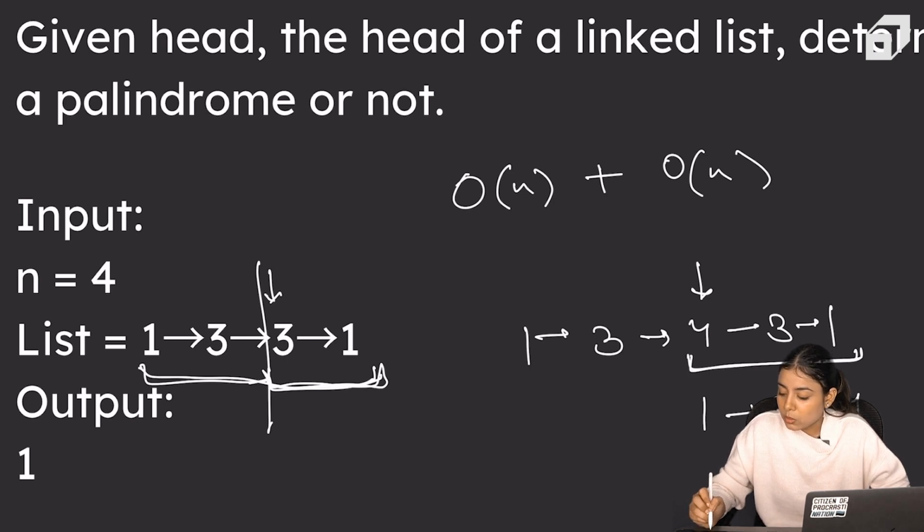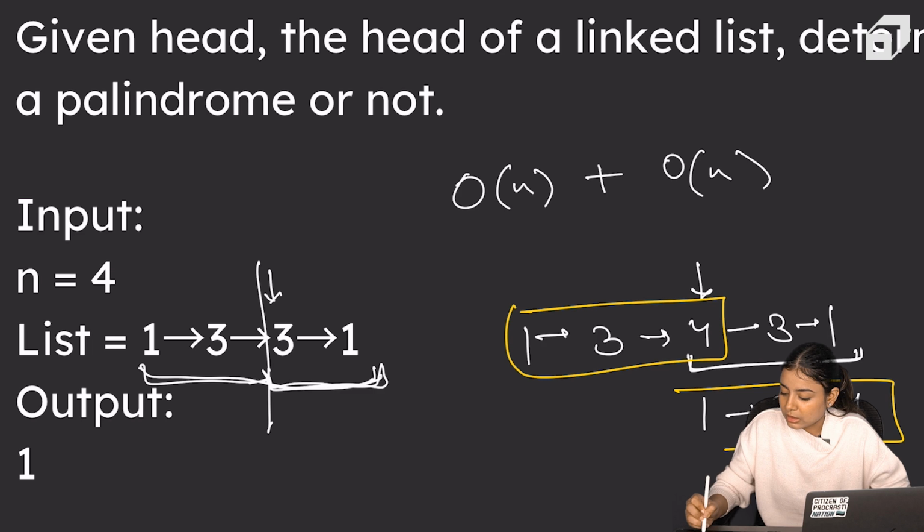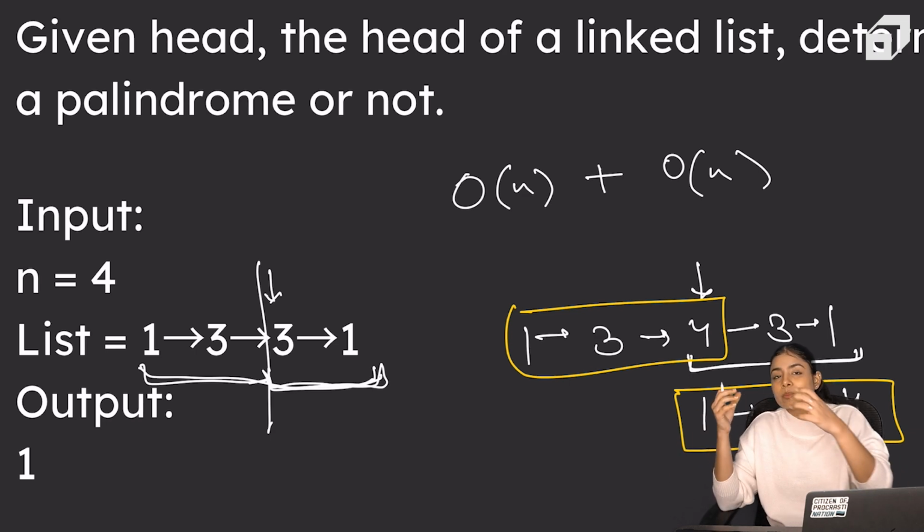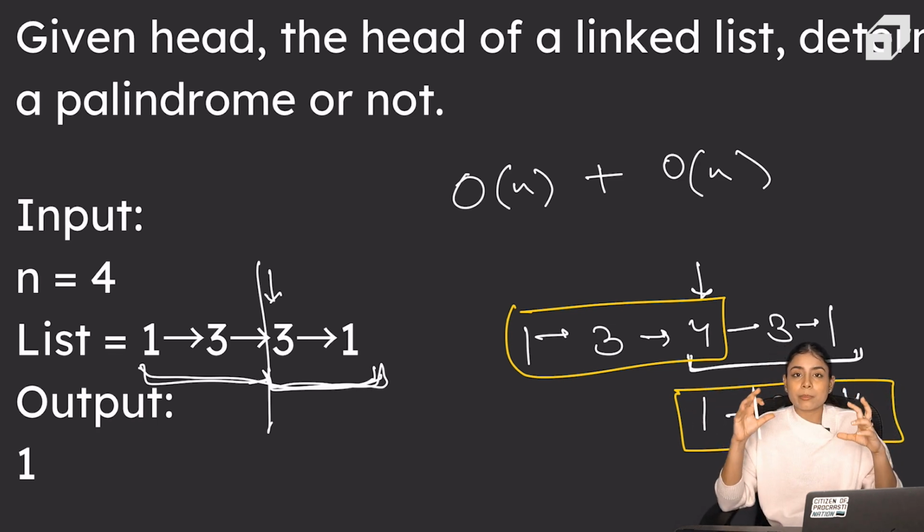So my first half is this and my second half is this. Okay, and are they equal? They are equal. Then that means that this is a palindrome. So basically I'm saying we don't have to compare the complete linked list, we just have to compare the first half of it and the second half of it, which would be reversed.